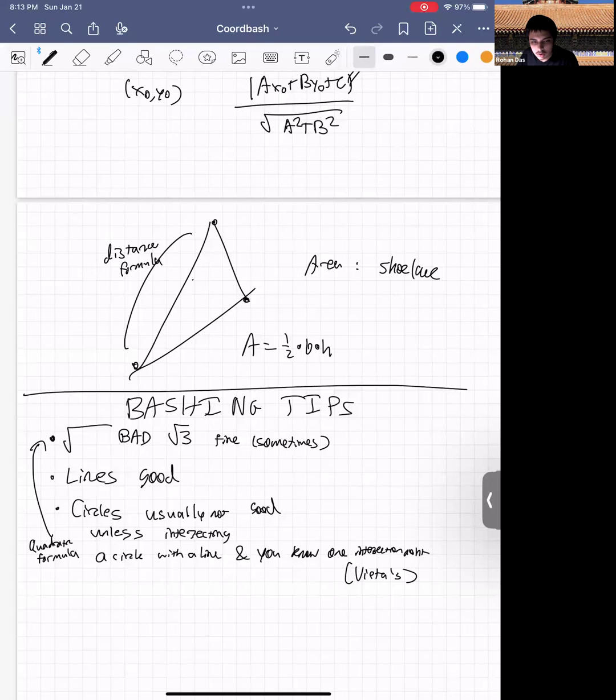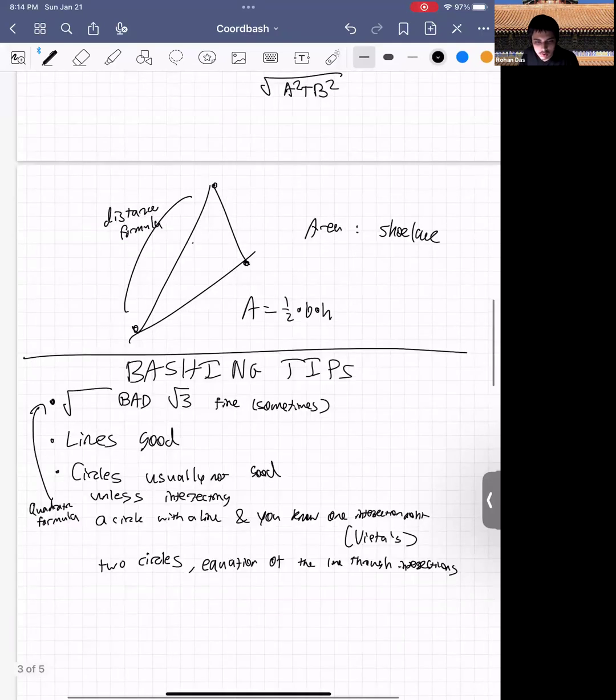And another scenario in which circles can be fine is if you are intersecting two circles and you only want to think about what the equation of the line through these two intersection points is.